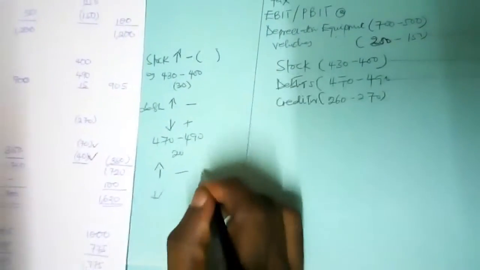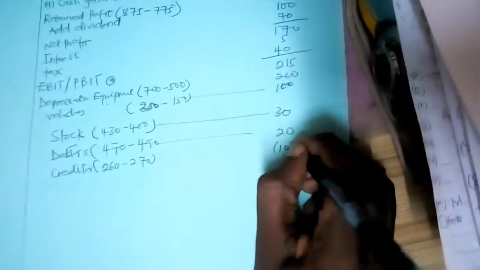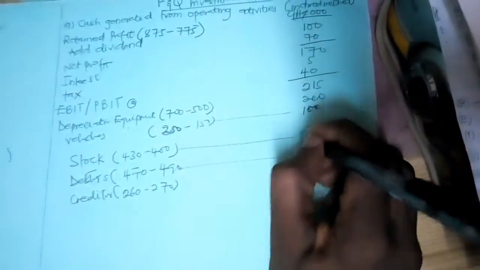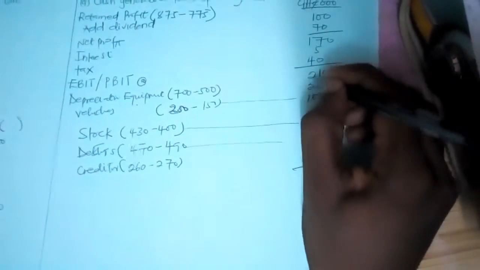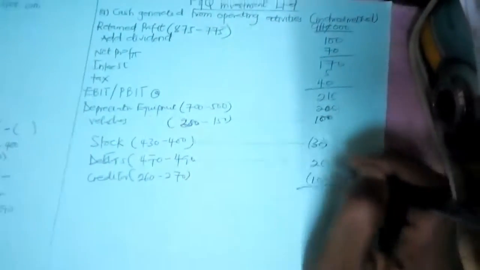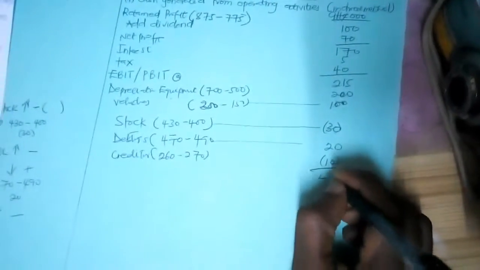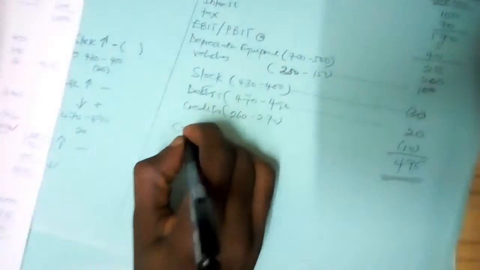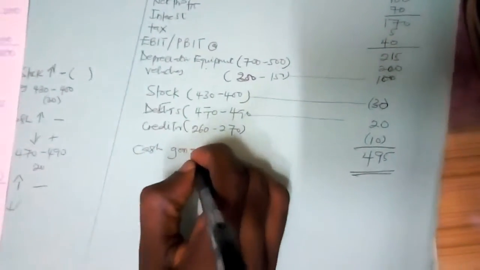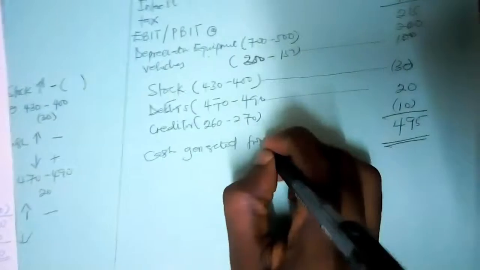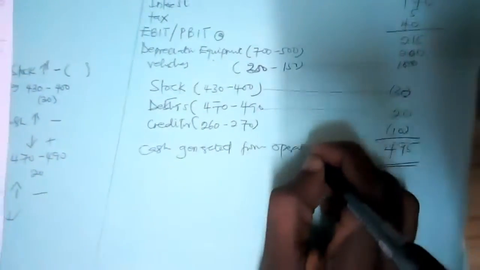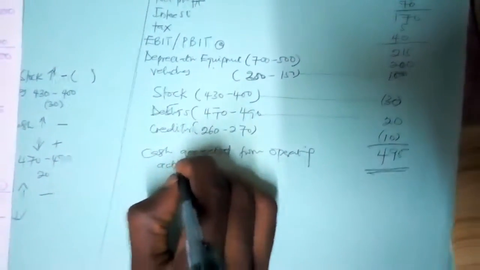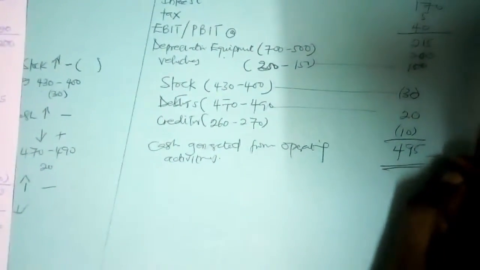So this one is down, so we subtract, which is going to be in brackets, minus 10. So if we add 215 plus 200 plus 100 minus 30 plus 20 minus 10, we are going to get 495, and this is the cash generated from operating activity. This is the figure that we take to the cash flow.